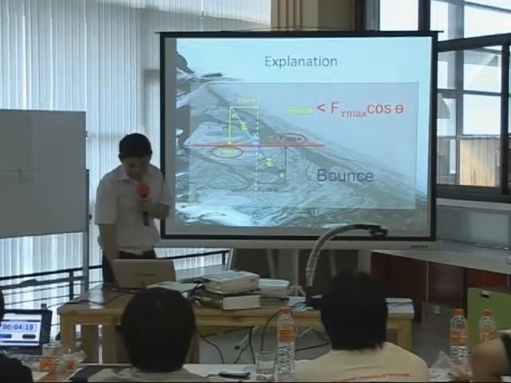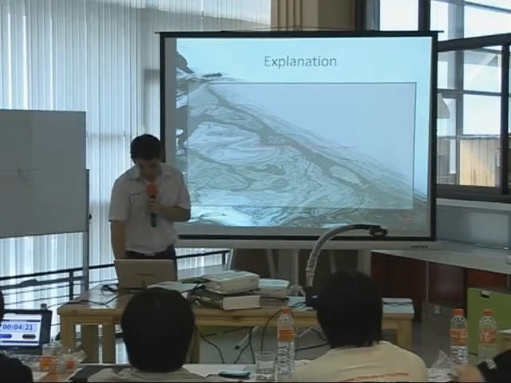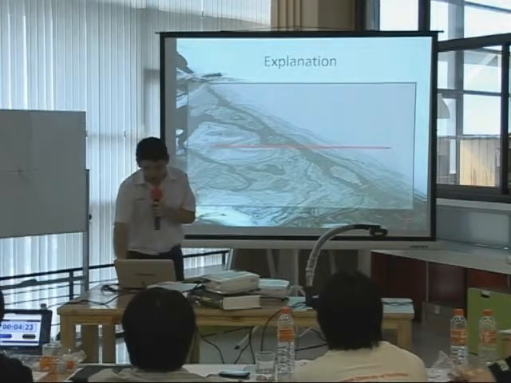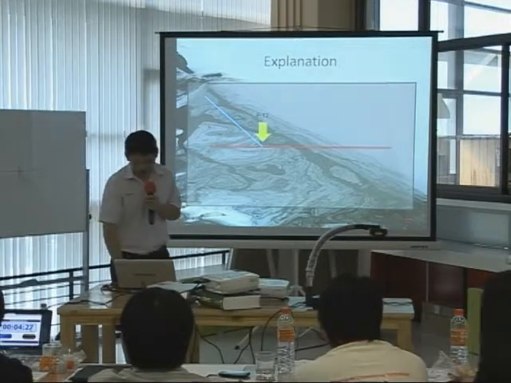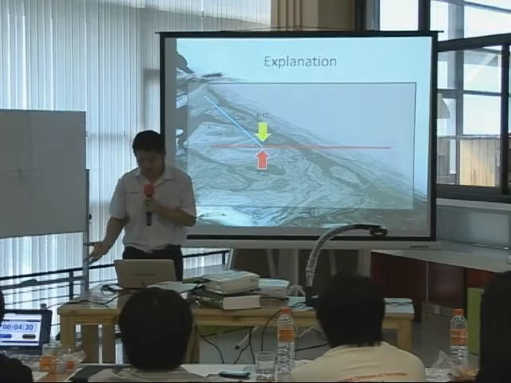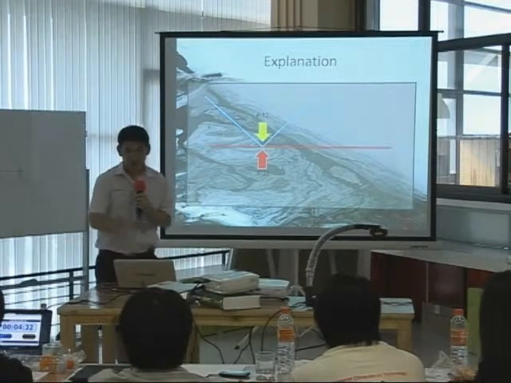And if F gamma max cos theta is greater than F cos theta, that makes the jet bounce on the films. So here's what it shows when it bounces. Here's the jet. Here's the action force on the surface and the reaction force from the surface tension. So the jet will bounce up.